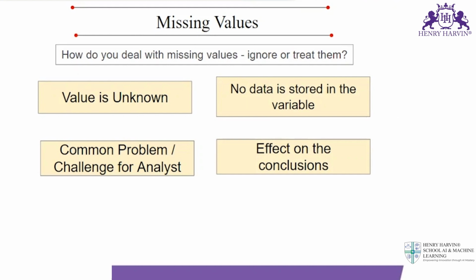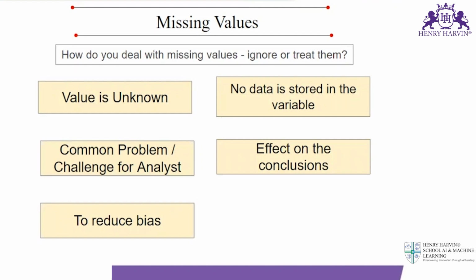It will not give you accurate results. Also, there will be a bias in the data set if there are a lot of missing values. So we should always treat the missing values available in the data set.